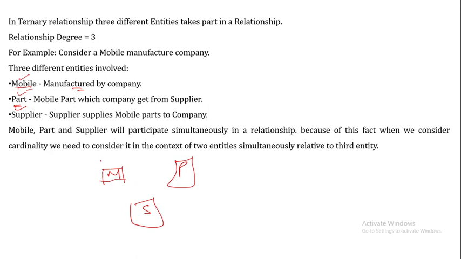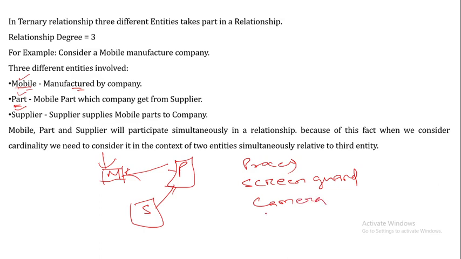For this mobile, the supplier supplies a particular part. A mobile can have different parts: processor, screen guard, camera, then many things, earphone. These are the parts.